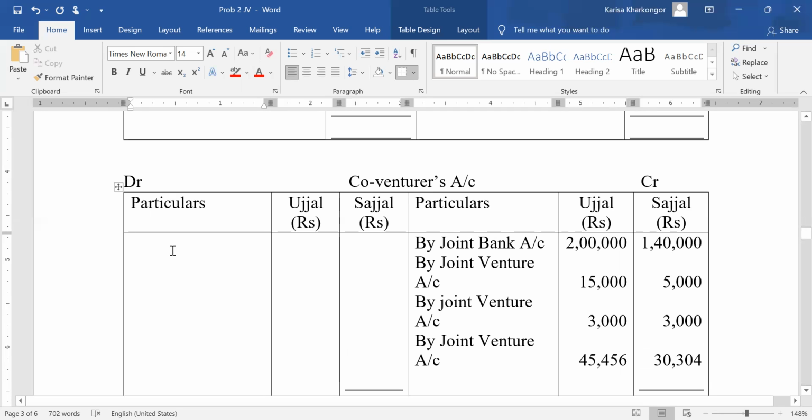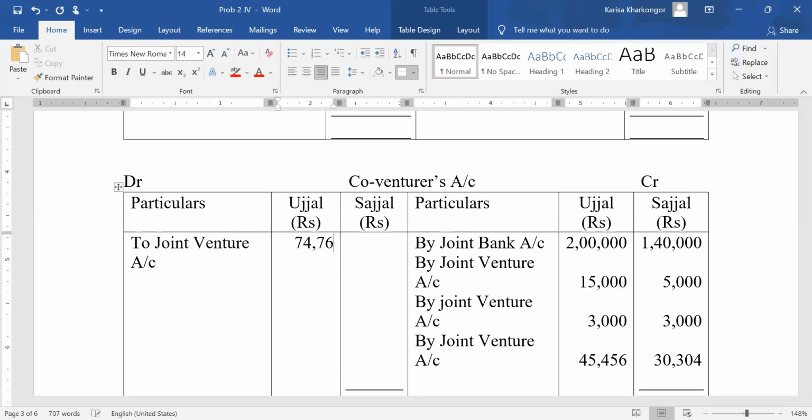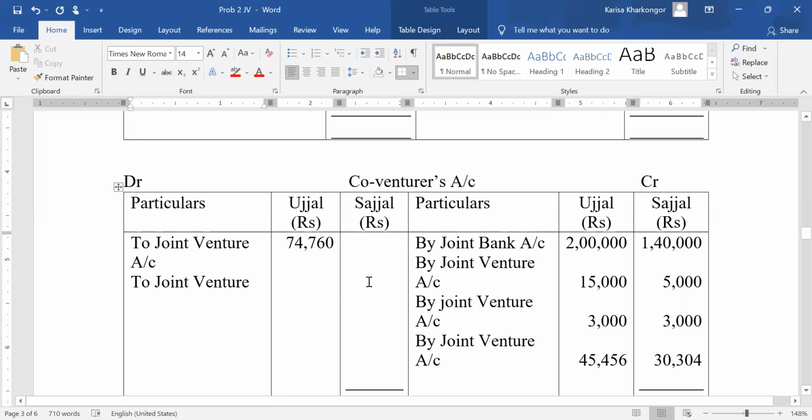So we will debit the entries for the unsold stock taken over by Ujjwal to joint venture account 74,760. For the machine taken over by Sajal and raw materials, rupees 6,000.